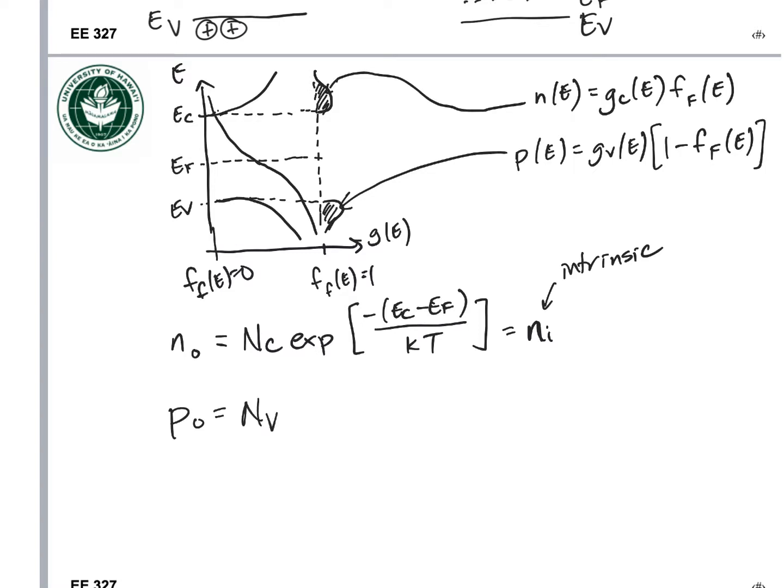For holes, it's a different constant, and there can also be an intrinsic hole concentration.